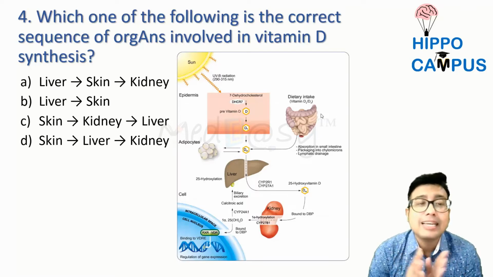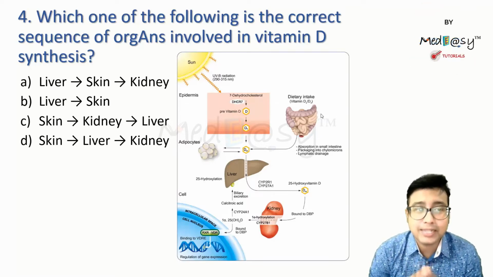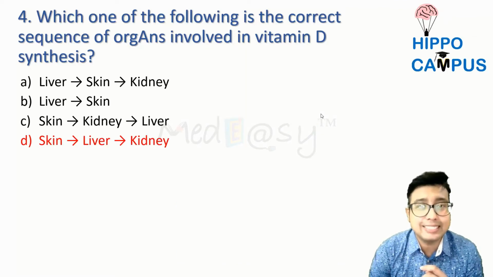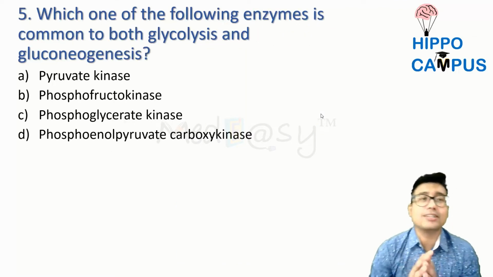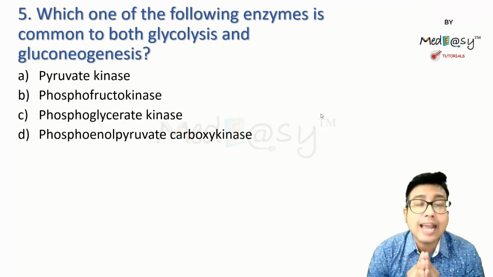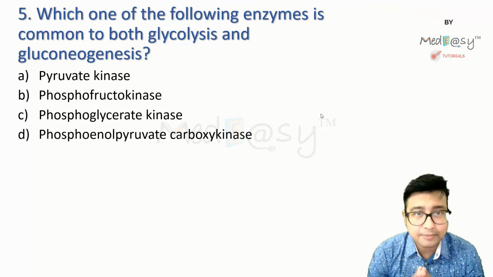So the sequence will be skin to liver to kidney. So your answer to this question is 4D.